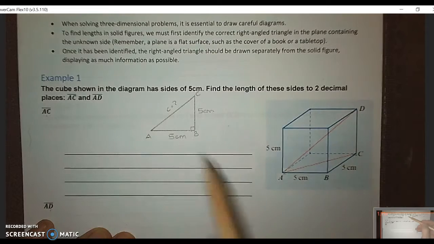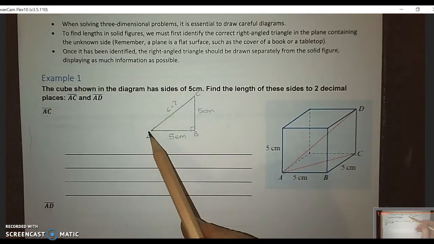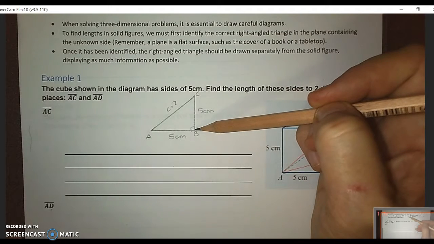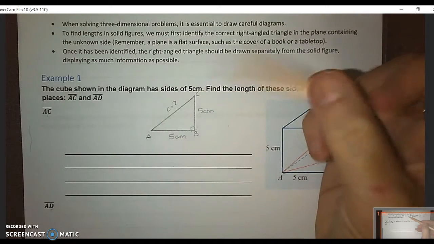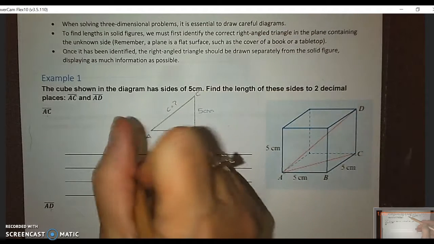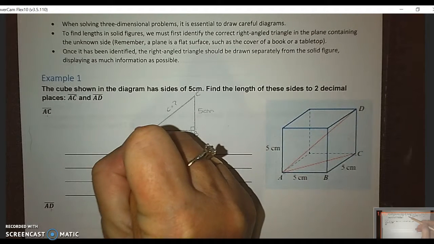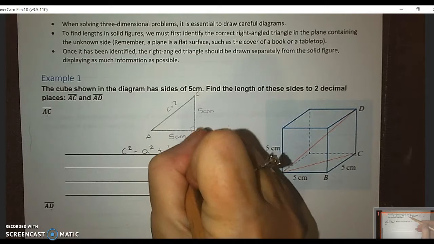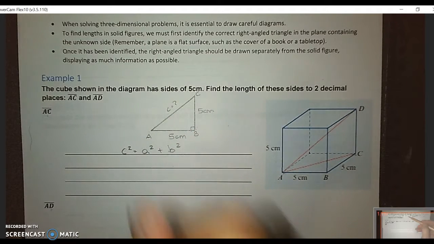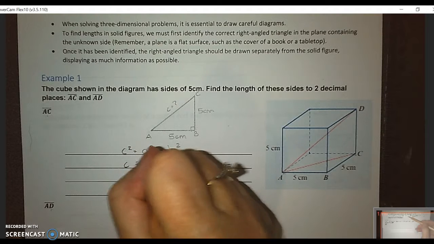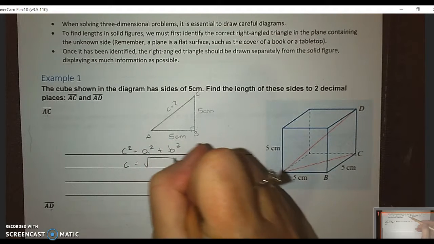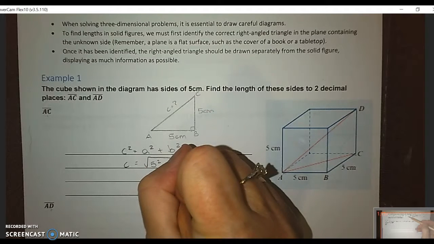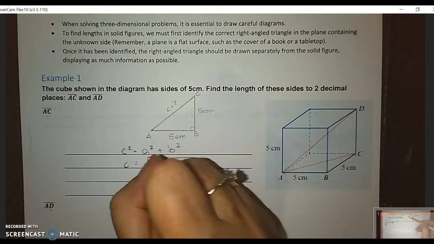And so we can see that it is the hypotenuse, because it's opposite the right angle, that we're trying to find. So we're going to be using Pythag. So c squared equals a squared plus b squared. So c equals the square root of 5 squared plus 5 squared.